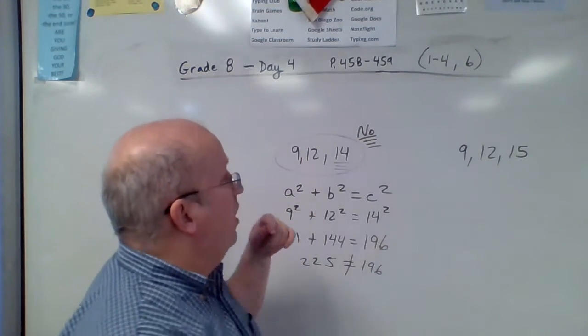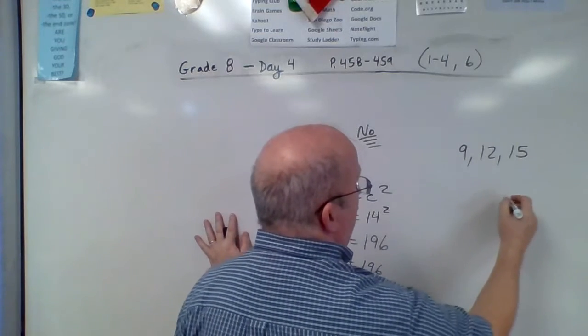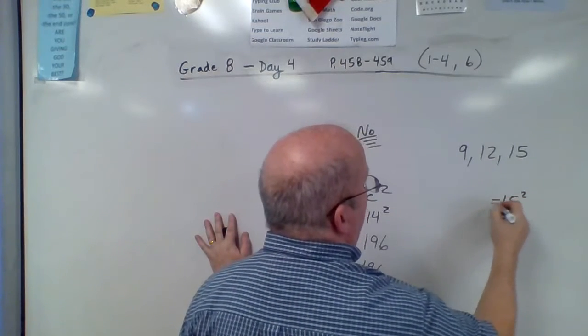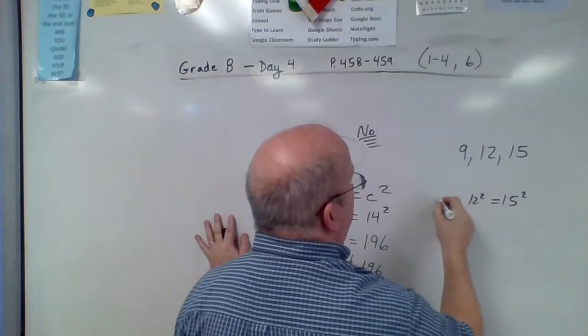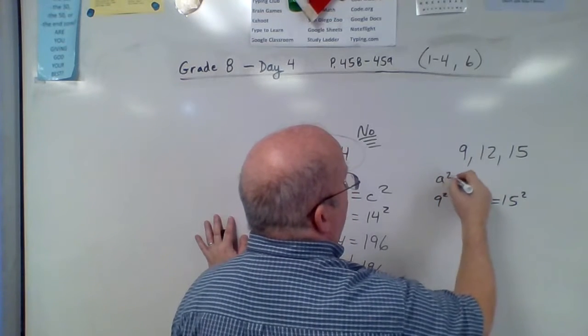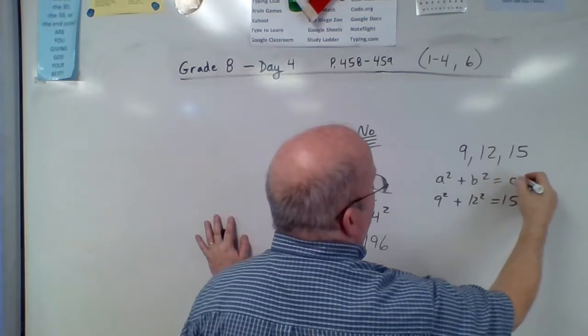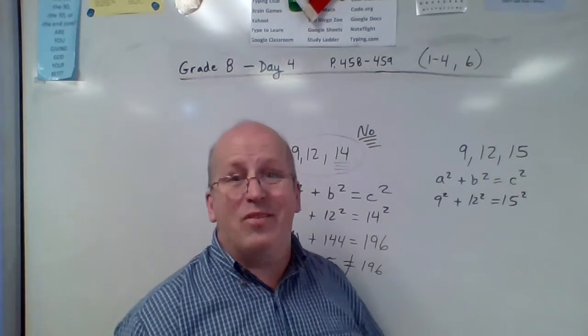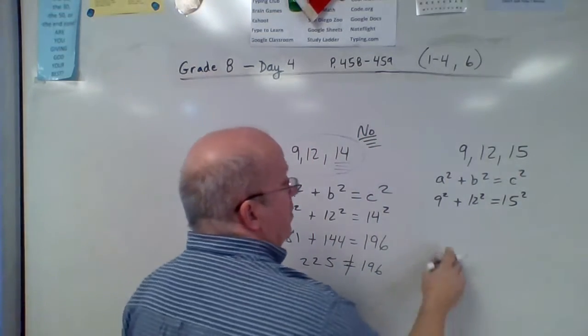Now let's take a look at this set of numbers. 15 is the largest one, so we put 15 squared equaling 12 squared plus 9 squared, because we're following the formula of a squared plus b squared equals c squared, the Pythagorean theorem.